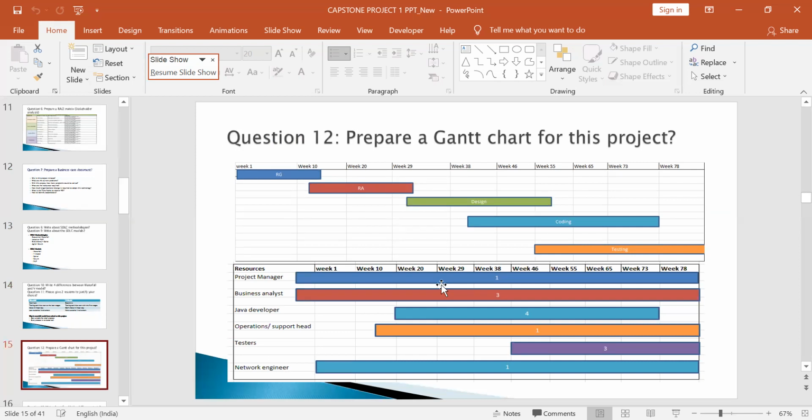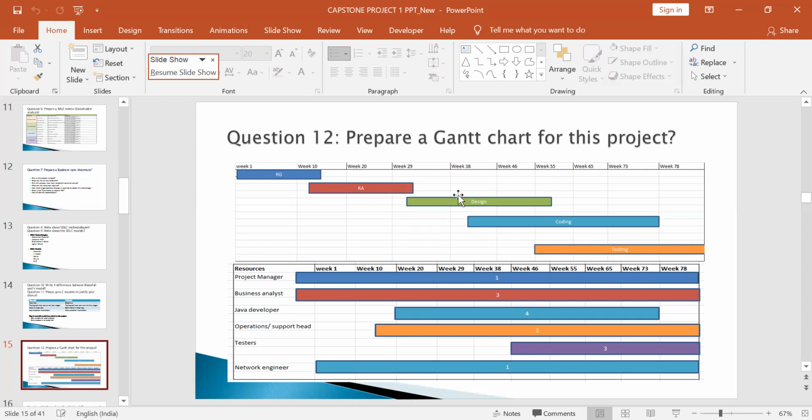A Gantt chart is like a progress report of your project, and the project manager prepares the Gantt chart. It is nothing but a work breakdown structure, called a WBS.